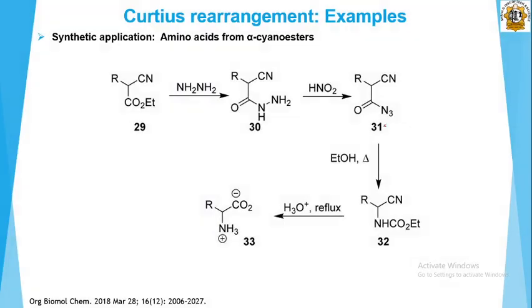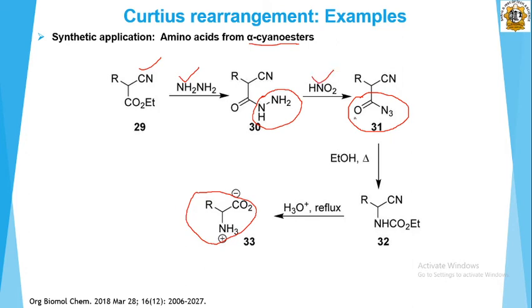So another example, like making of amino acids. Amino acids, how can we make? Like alpha cyanoesters. If we use alpha cyanoesters, then treat with hydrazine hydrate as the method of making acyl azide using hydrazine hydrate and nitrous acid, then you can use this acyl azide.